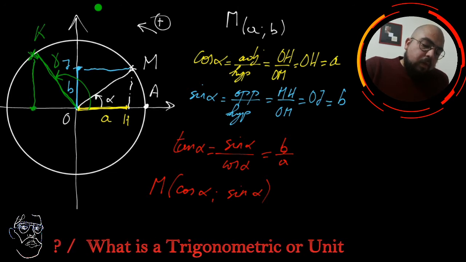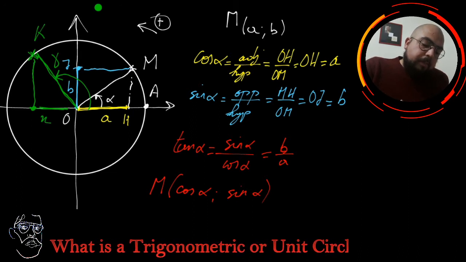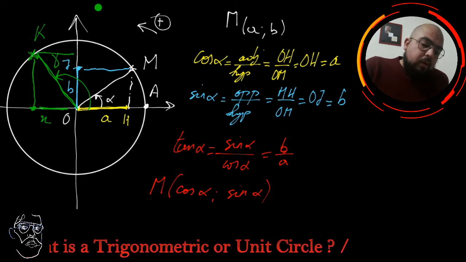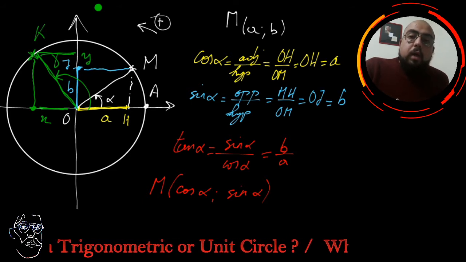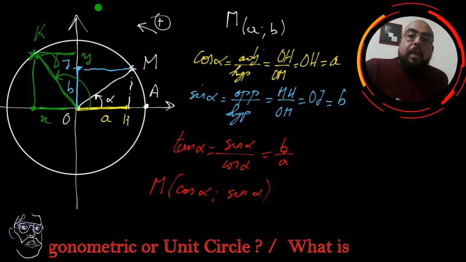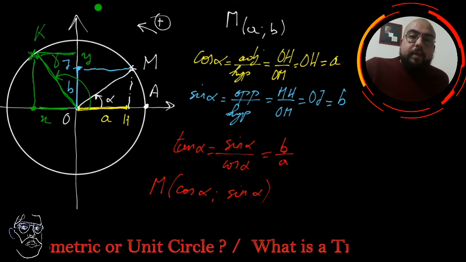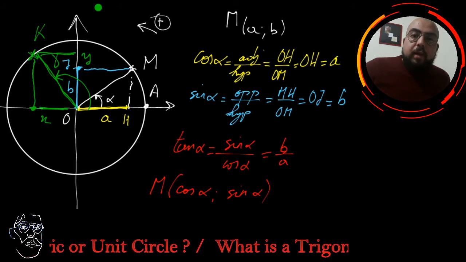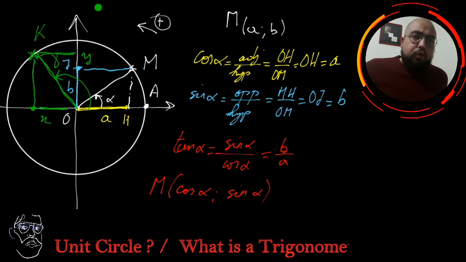I'm going to call it X. X is negative. As for the ordinate, I'm going to call it Y, it's positive. So K actually belongs to the second quadrant, where the abscissa is negative and the ordinate is positive. So automatically your cosine will be negative and sine will be positive. And you can conclude tangent will be negative.